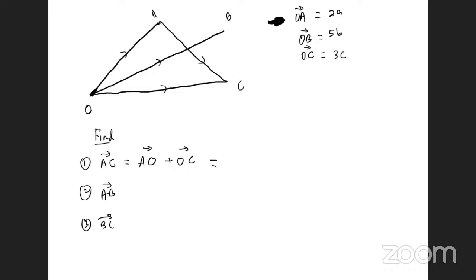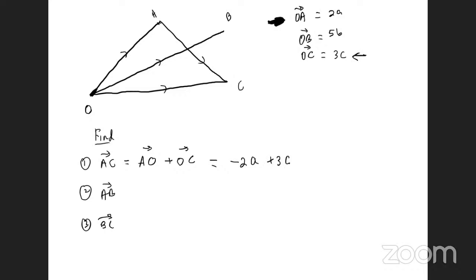Remember, when you change direction from OA to AO, all you have to do is change the sign. So that's minus 2A, and OC right here is positive 3C. And you're good to go.